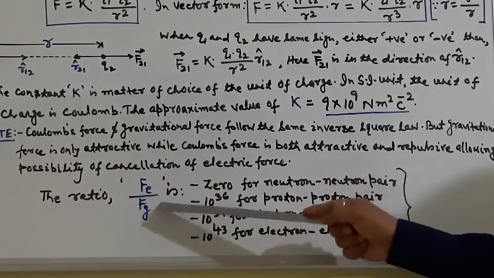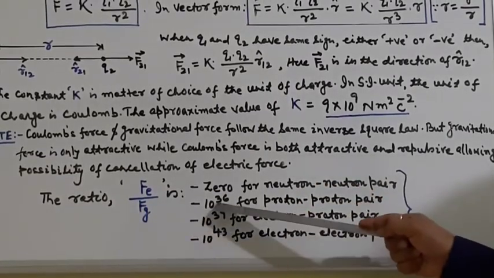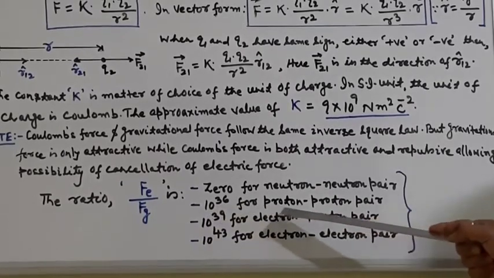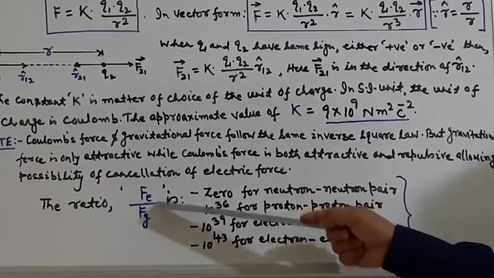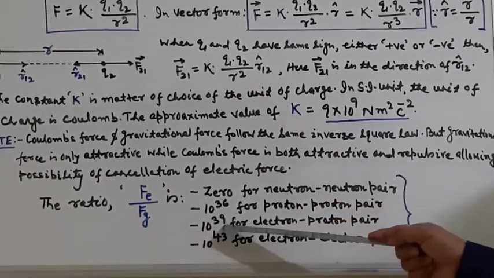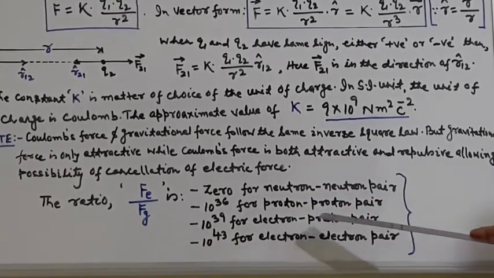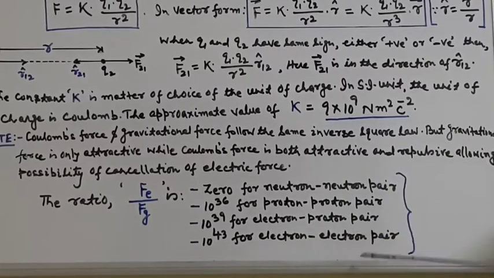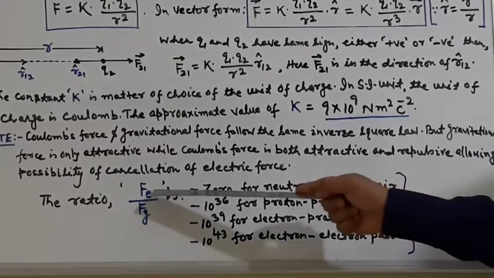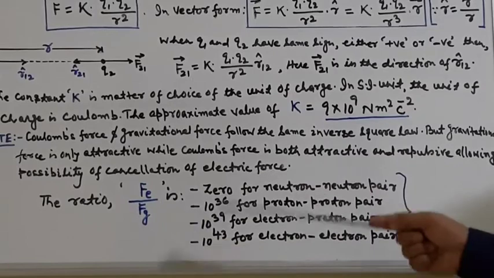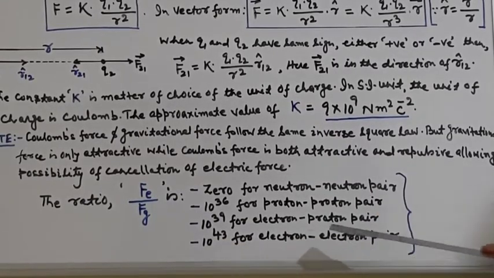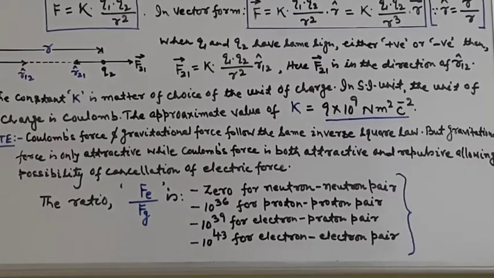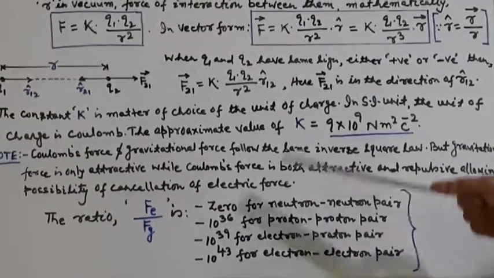This ratio Fe by Fg is 10 to the power 36 for proton-proton pair. The other one, this ratio Fe by Fg is 10 to the power 39 for electron-proton pair. And similarly, this ratio will be 10 to the power 43 for electron-electron pair. So these are a few important points.